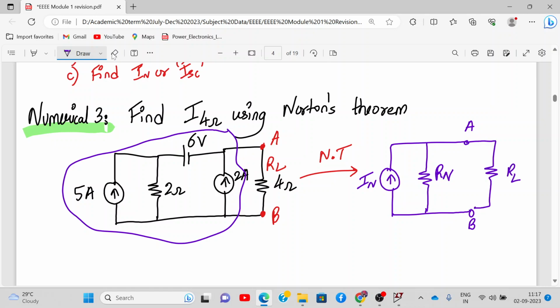Are you following? So we need to calculate IN and RN. This is the Norton's equivalent circuit. Did you understand the agenda, what we need to find out? Yes, IN and RN, and then put them in the Norton's equivalent circuit and find the current flowing through RL over here.